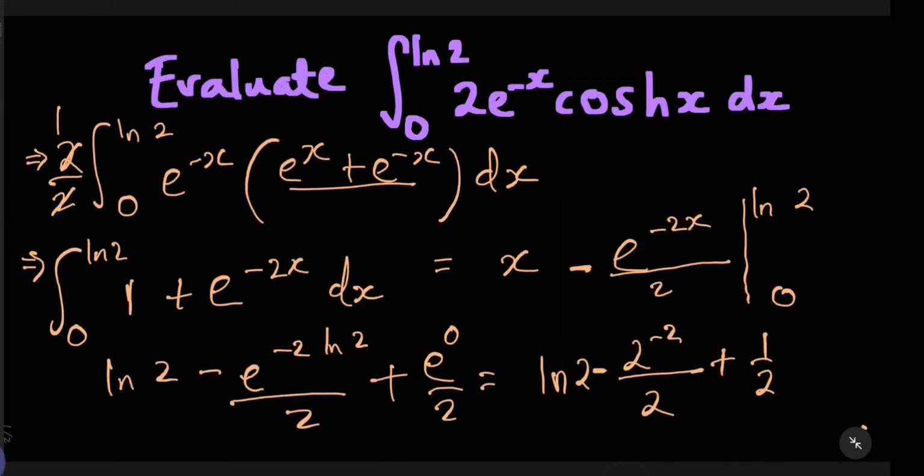I'll just rewrite this in the next page. So I have natural log of 2 minus 2 raised to power minus 2 over 2 plus 1 over 2.